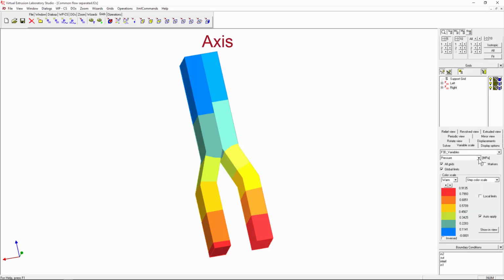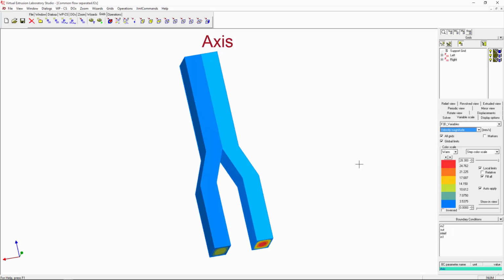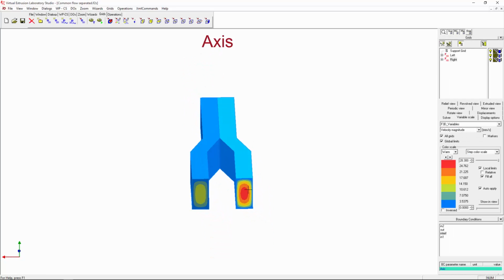We can very easily see that now. You can see that I have checked all grids and global limits just to be able to set for both grids the same variable very fast, and I can see that on my velocity magnitude. And of course we see that here we have different flow rates.